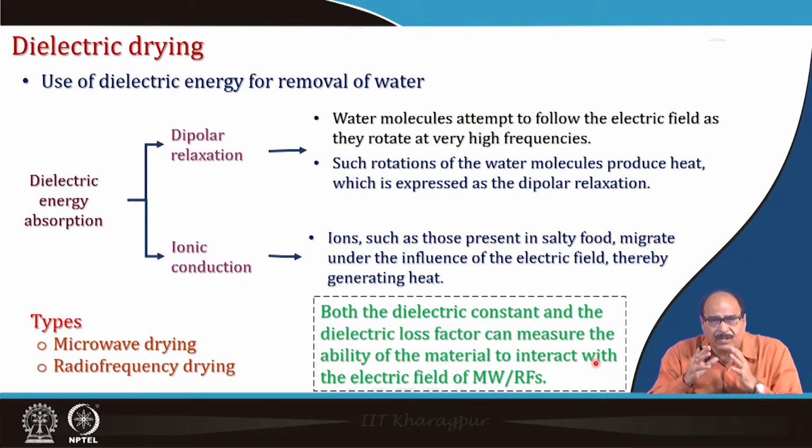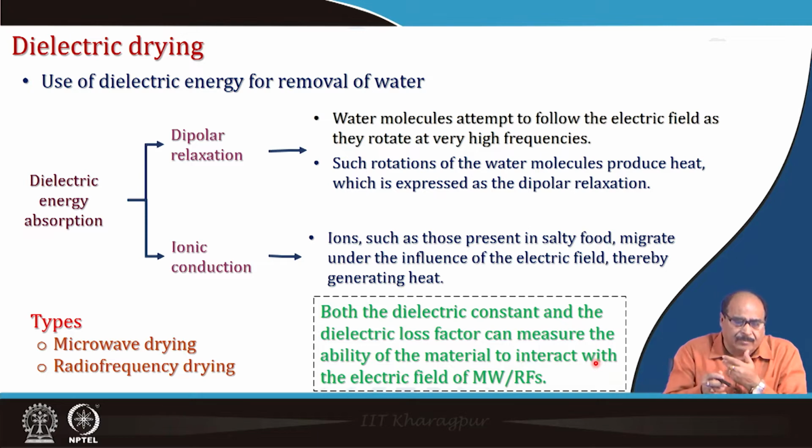So novel methods of drying have proven better in this respect. There is one, that is dielectric heating. Here, dielectric energy is used for the removal of water. Okay. So dielectric energy is absorbed when it is there in the material.